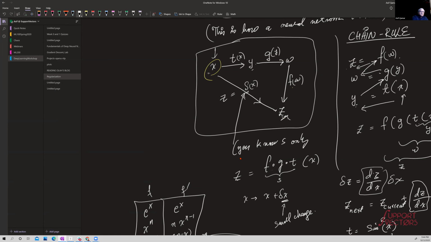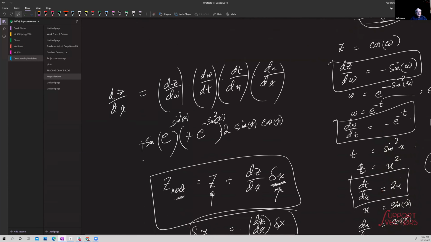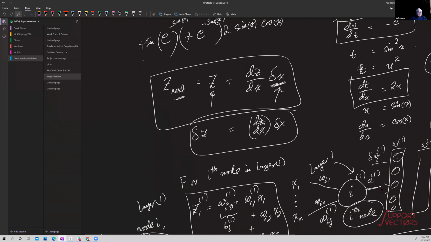X causes Y to change, Y causes W to change, W causes Z to change. When you have such causal chains, you can apply the chain rule to deal with that problem.